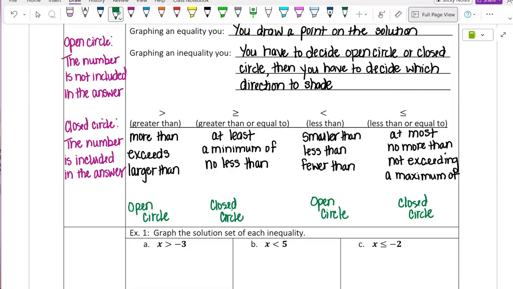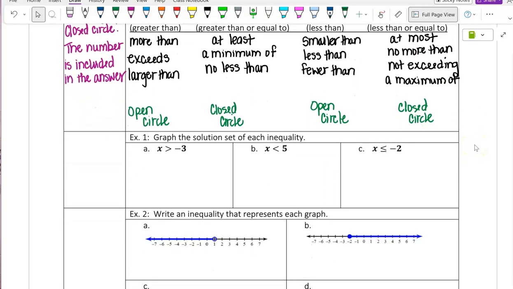So we need to know which symbol gets an open circle, which symbol gets a closed circle. And then when it comes to the shading, if the variable is on the left-hand side, the inequality symbol will point the direction that you need to shade. So for these first ones, graph the solution set of each inequality.